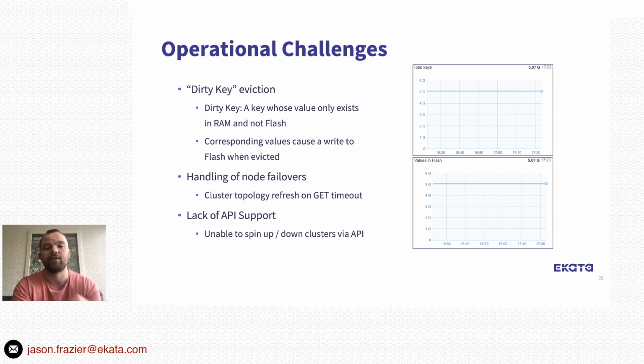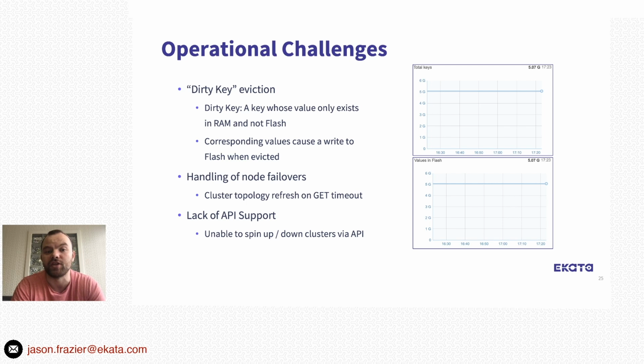So our definition of a dirty key is basically a key whose value exists in RAM, but that value doesn't already exist in Flash at that point. At the very start, we didn't really know about this, and when we put a cluster into production and production traffic started getting up, the RAM started holding the actual hot values of the cluster, not just the order that we happened to set them in.